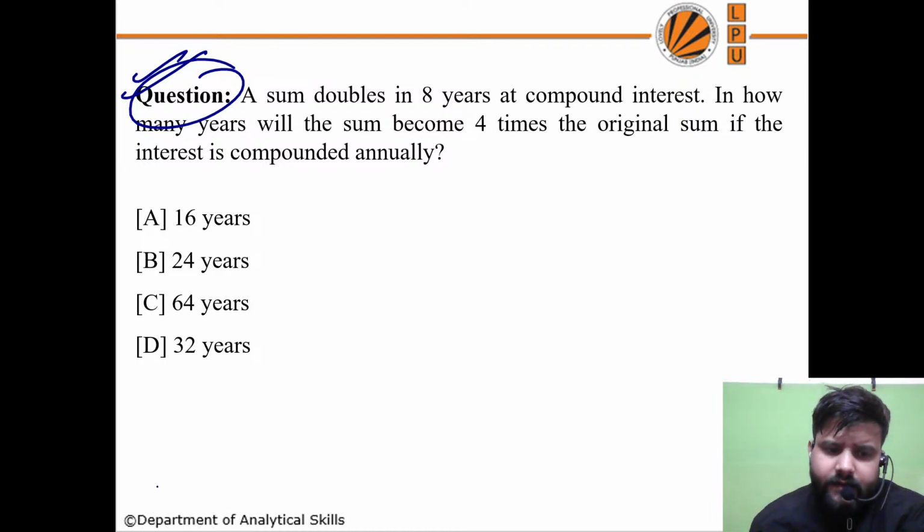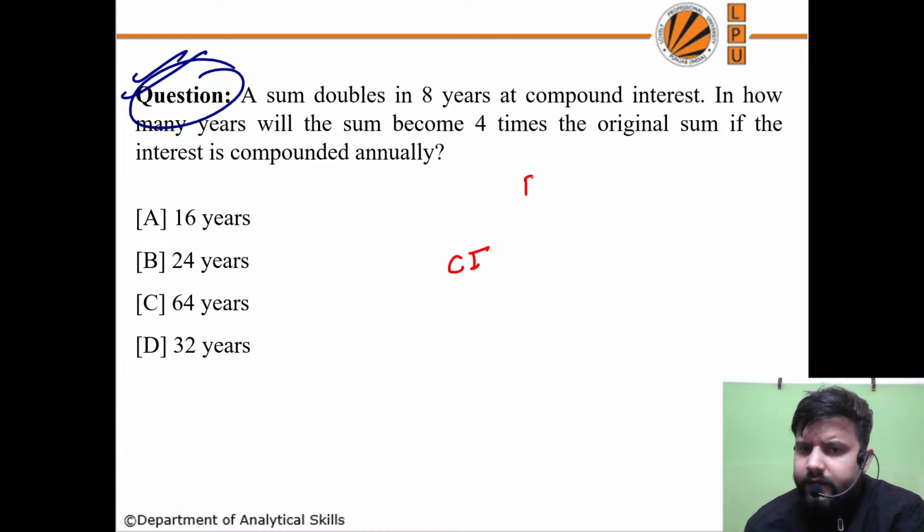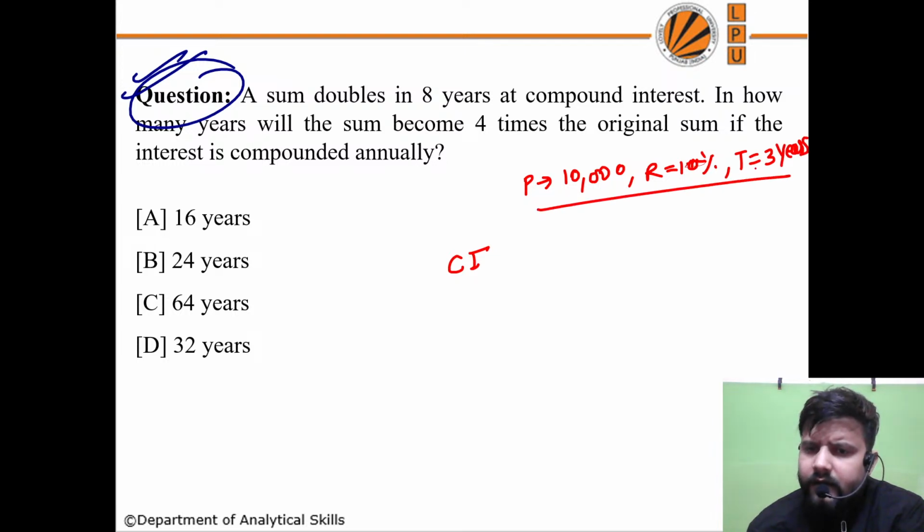See here. In CI, what happens? Remember it. If I told you that the principal is, let's say, 10,000, the rate of interest is 10%, and the time period is, let's say, 3 years. So what do we actually do?